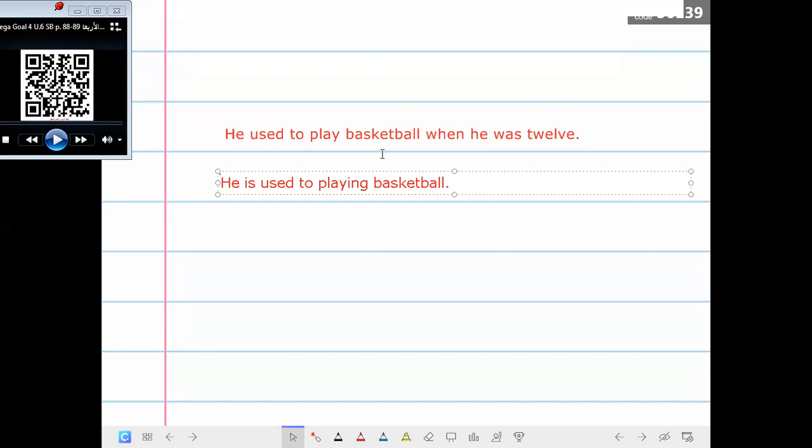He used to play basketball when he was 12. He is used to playing basketball. I want a student to give me the differences between the two sentences.